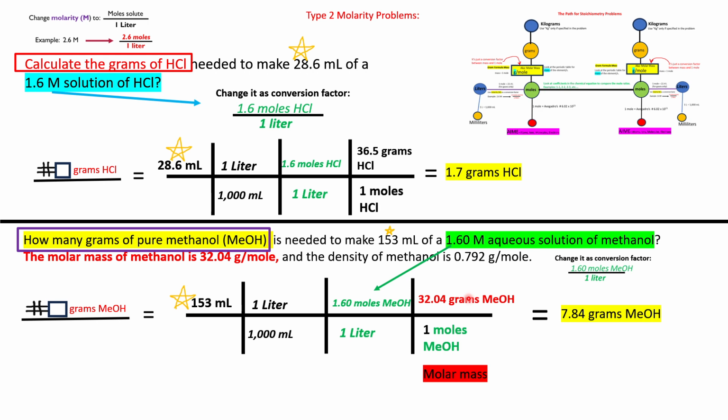But for the molar mass of this question, it was given to us right here. And if you forget what molar mass is, then just think about it for a second. Molar, mole, mass uses the units of grams. So with that being said, our answer is going to be 7.84 grams of methanol.